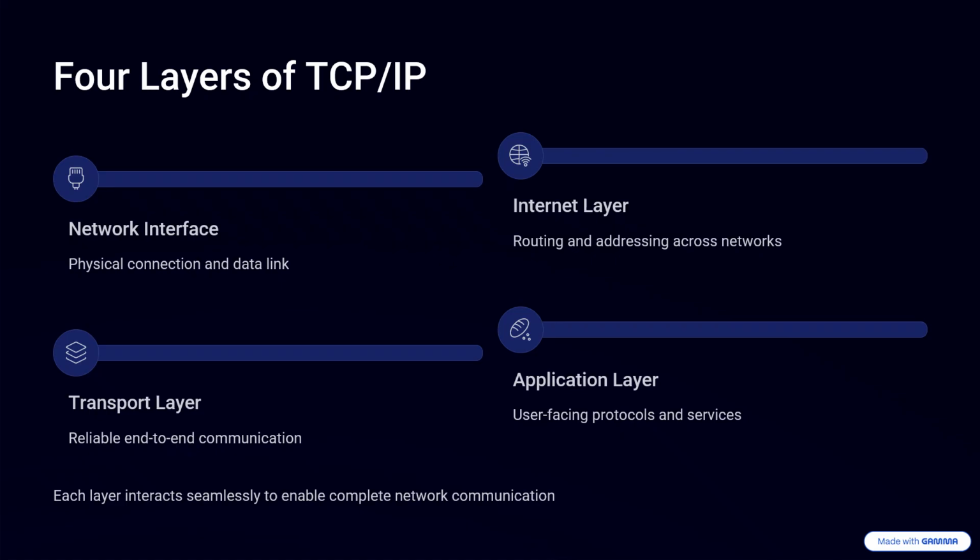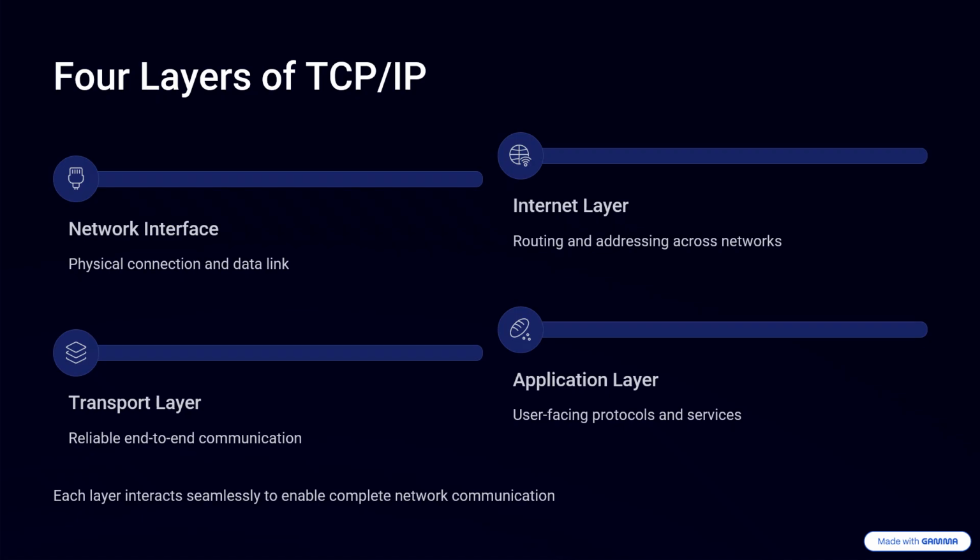The TCP/IP model consists of four layers, each with a specific role. The network interface layer handles the physical transmission of data, how bits travel over cables or wireless signals. The Internet layer is responsible for addressing and routing. It ensures that data packets reach the correct destination across networks.